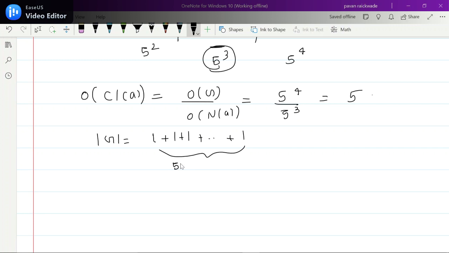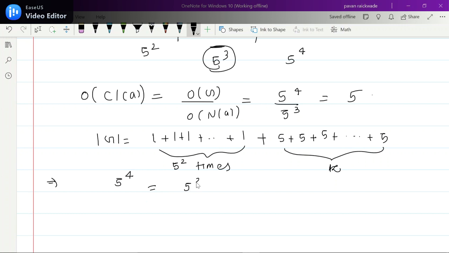So the order of the group can be written as 1 plus 1 plus 1 plus up to 1. How many times? 5 squared times. Why? Because each element belongs to the center, right? Plus 5 plus 5 plus 5 plus, we don't know how many of these classes there are, so we just assume this to be 5k, suppose.